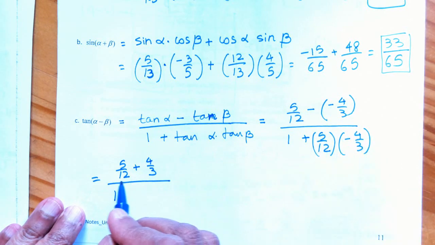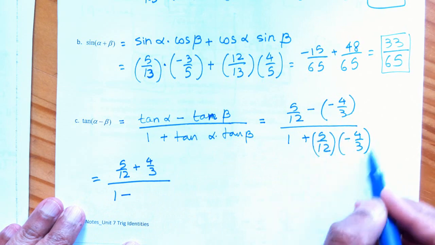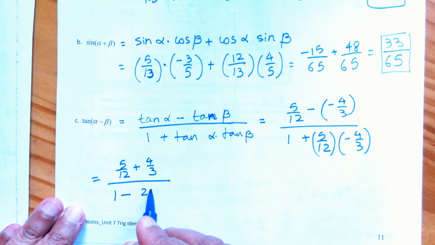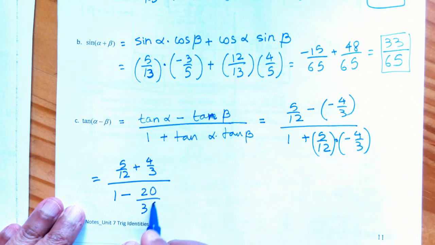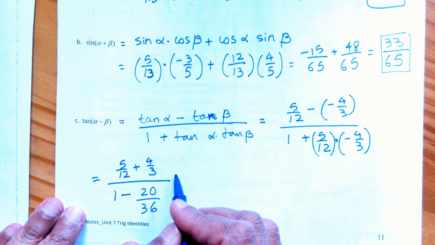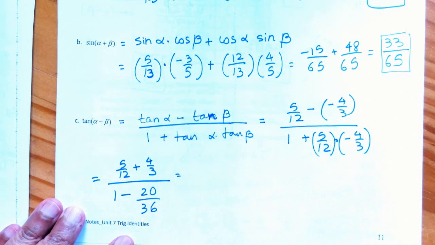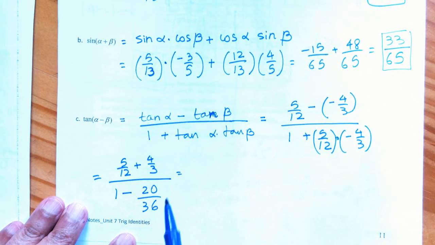This first of all becomes negative because I multiply these two. 5 times 4 is 20 over, remember, multiplying fractions top to top, bottom to bottom. So basically what I can do is combine these two fractions and write it as 1, and then do the whole keep change flip.